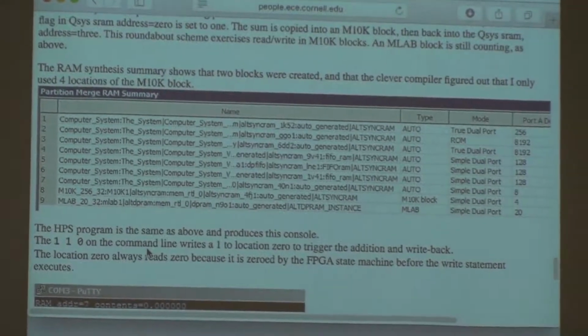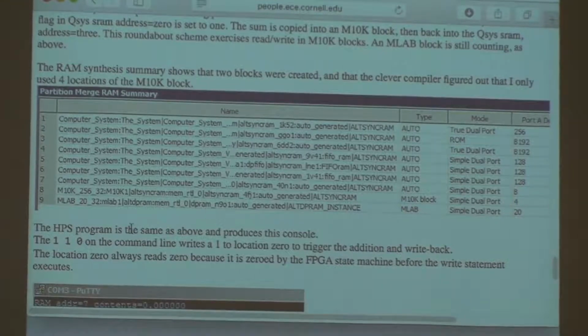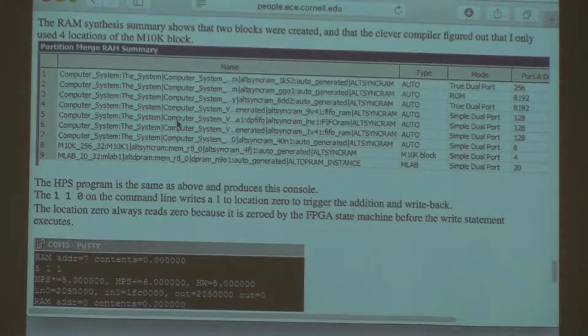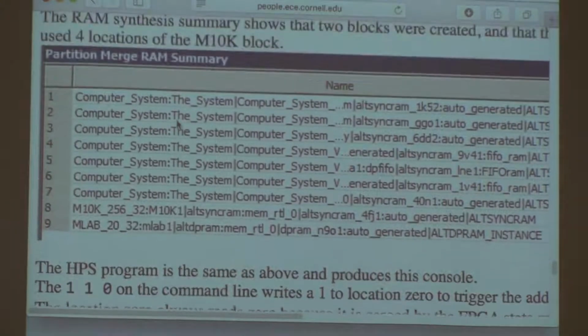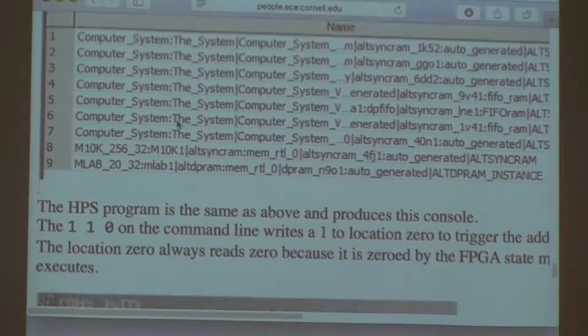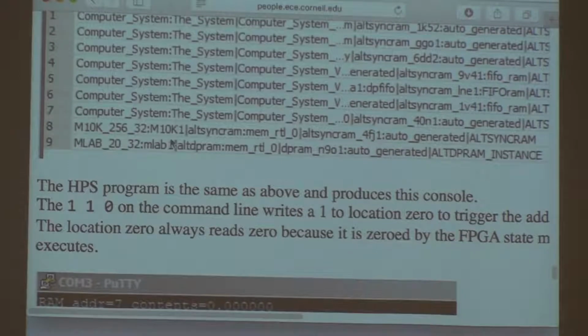But when you finally get everything right, you can see that the partition merge RAM summary table from the compiler says that, yep, there was a block called M10K256 and MLab 2032, which are the names I gave the modules. So it actually instantiated them.